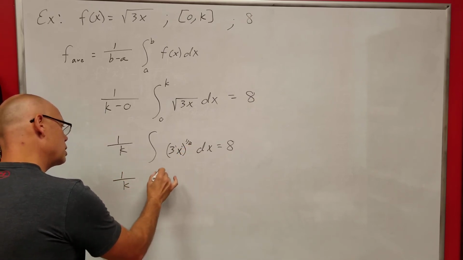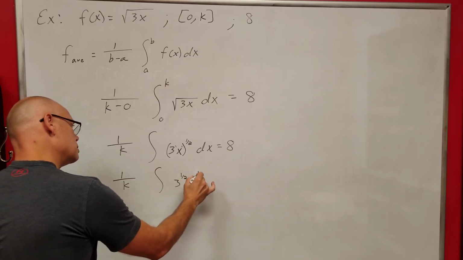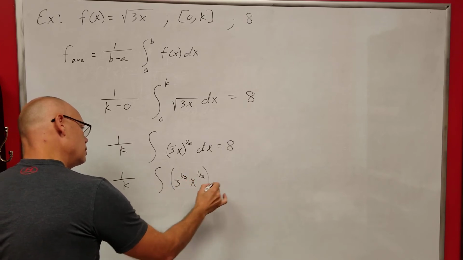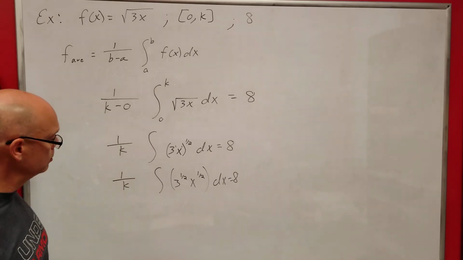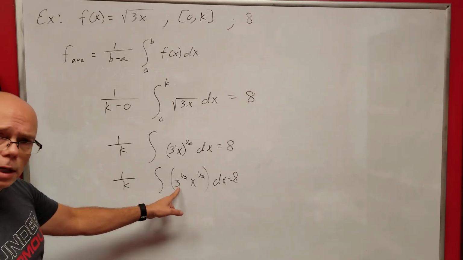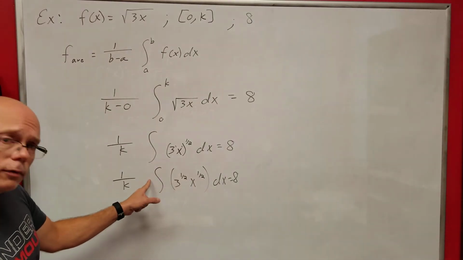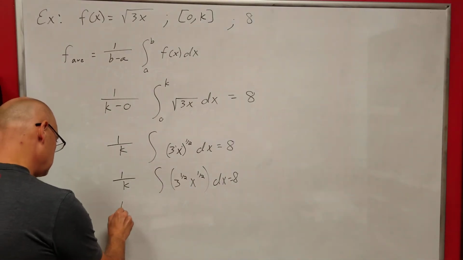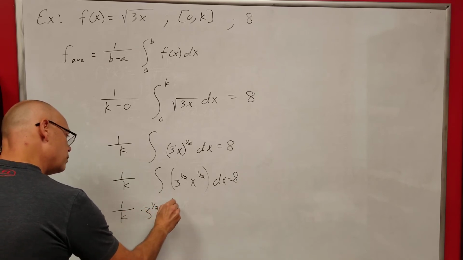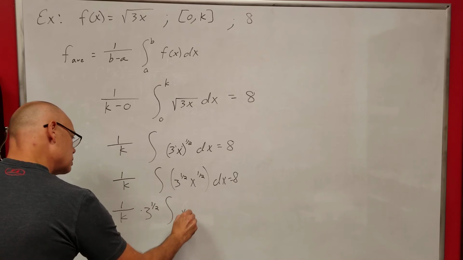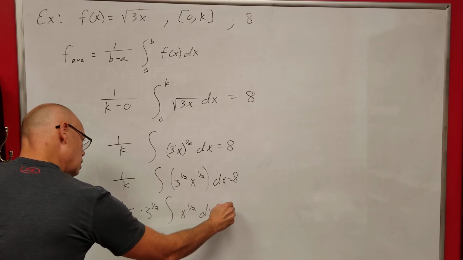So we have 1 over k times the integral of 3 to the 1/2 times x to the 1/2 dx is equal to 8. Well, that's just a constant being multiplied by my function, so I can pull this constant out to the front. So I have 1 over k times 3 to the 1/2 times the integral of x to the 1/2 dx is equal to 8.